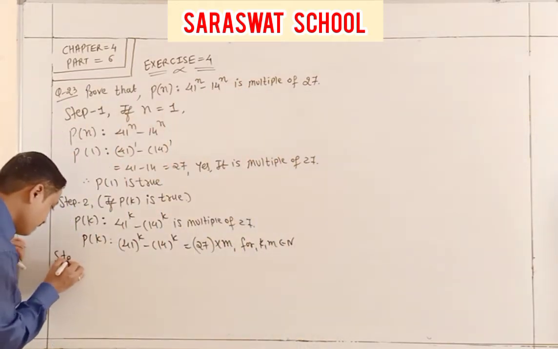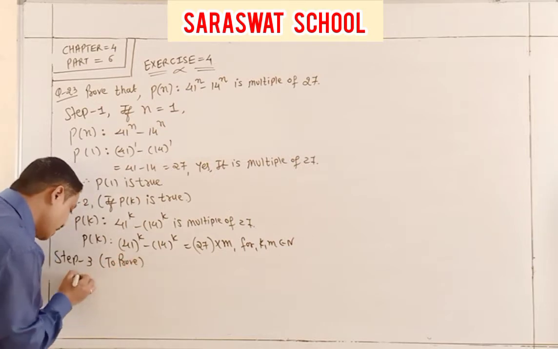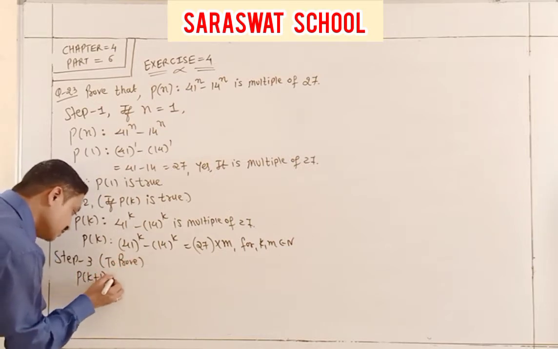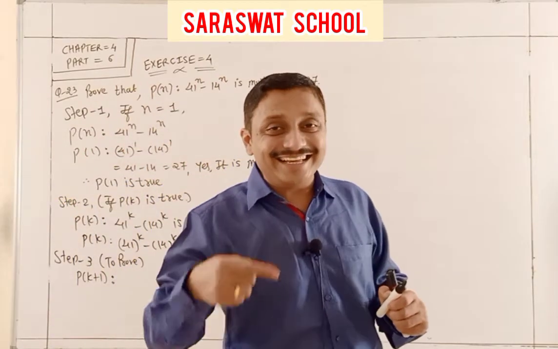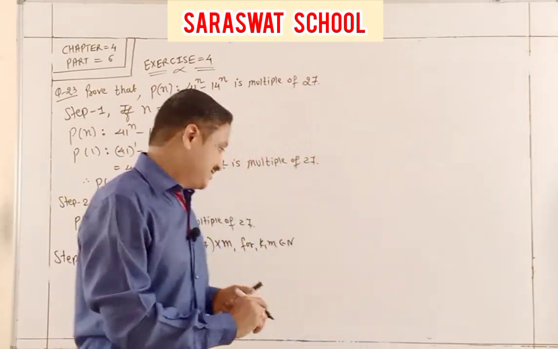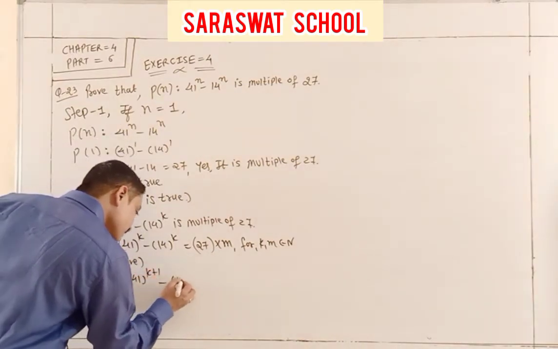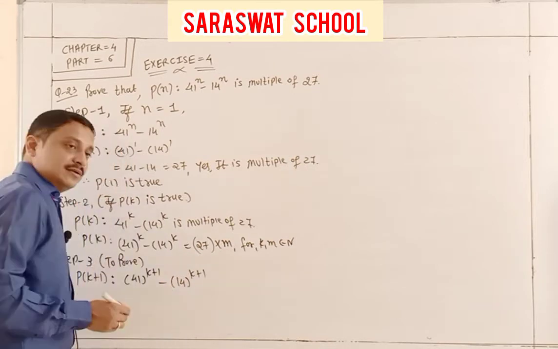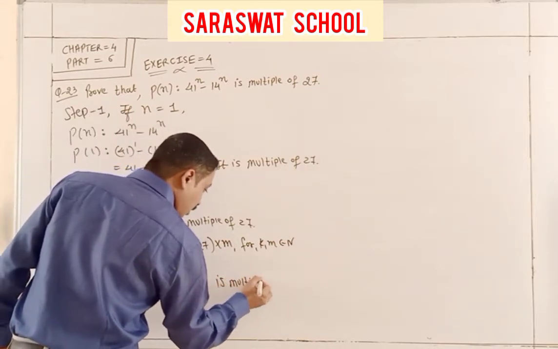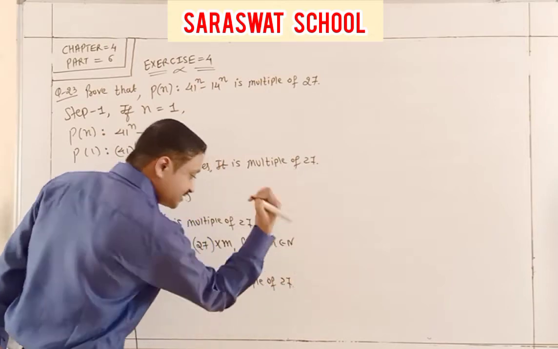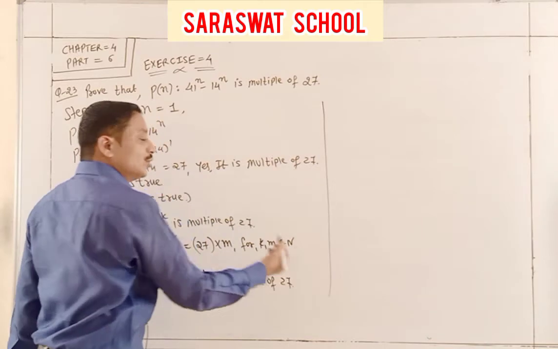Now step 3, to prove P of k plus 1. Only k I change to k plus 1. So 41 to the power k plus 1 minus 14 to the power k plus 1 is a multiple of 27. And this I start now, very easily I prove.